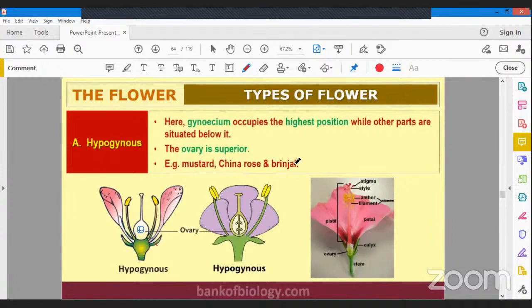Example, mustard, china rose, and brinjal. Notice this, students. Take it down.